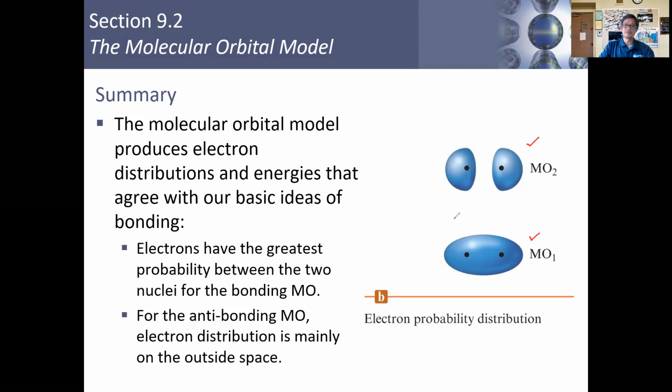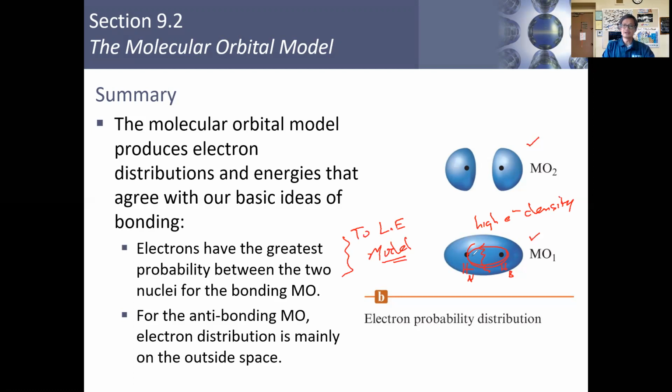now with that said, if you notice here, and I pointed this out already, if this represents the nucleus of one of the hydrogens, and this represents the nucleus of a second hydrogen, this area here represents an area of high electron density, and therefore the probability of finding electrons in this region becomes much higher, which again corresponds to the localized electron model, which remember told us that the electrons sit between two atoms.